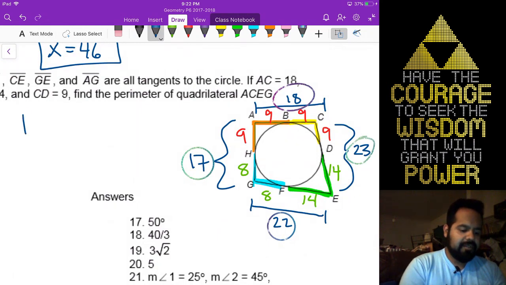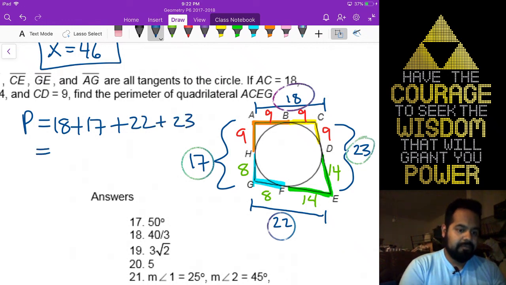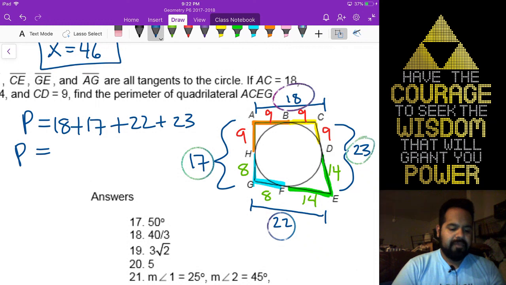So the perimeter is going to equal 18 plus 17 plus 22s plus 23s. Let's see here, that's 45.